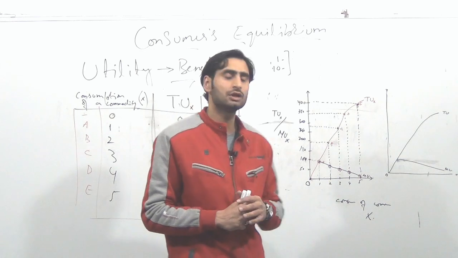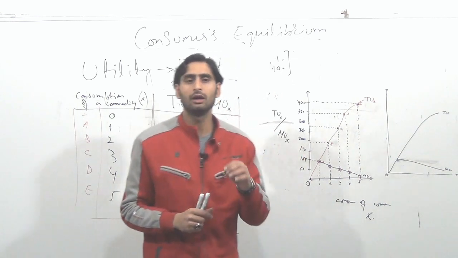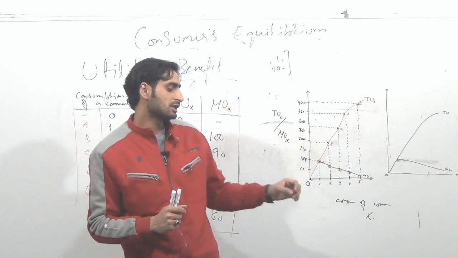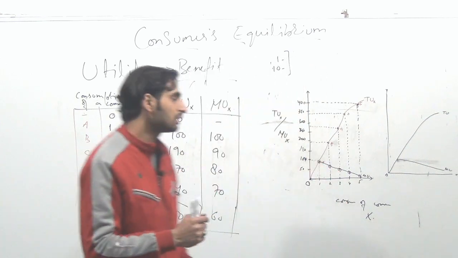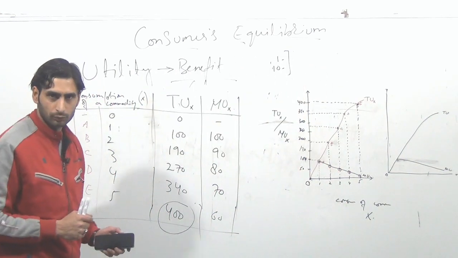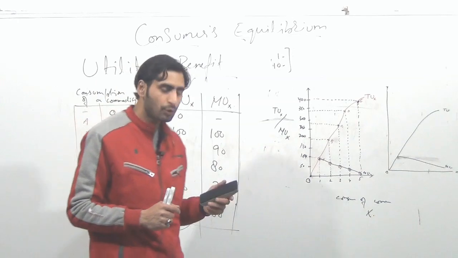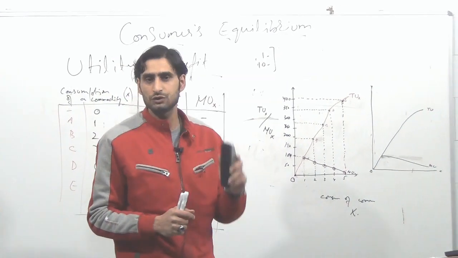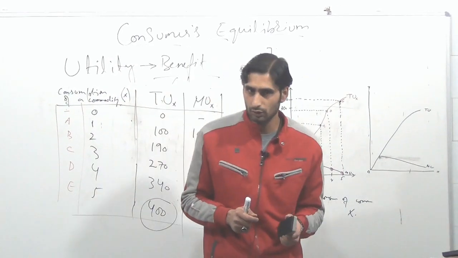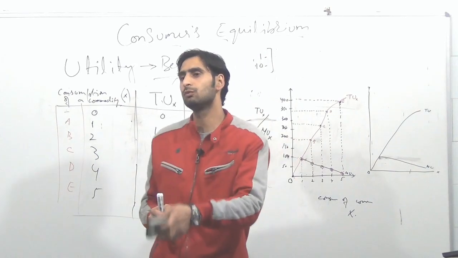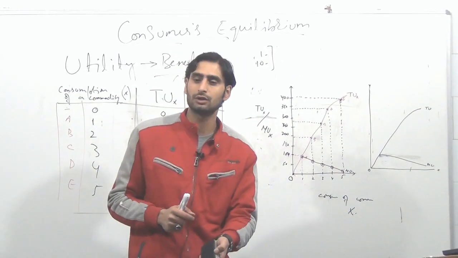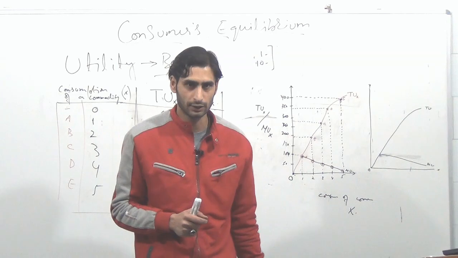We can establish it very simply on a simple schedule and some simple graphics, and three things we will get. These are three important golden rules which we have to go through. Then only a relationship will get established between the total utility and the marginal utility.